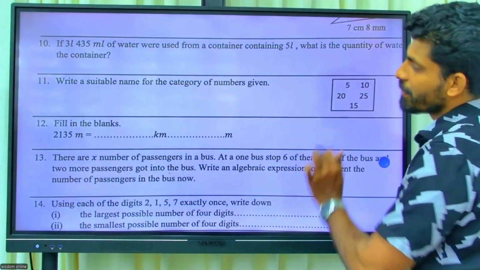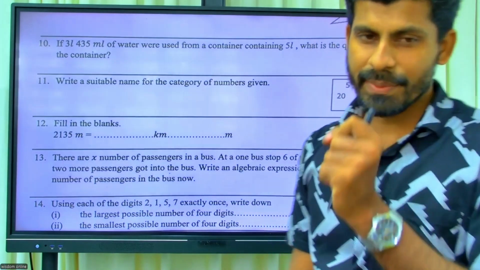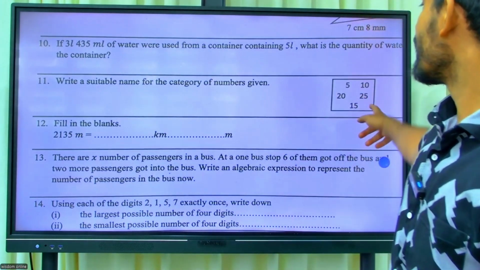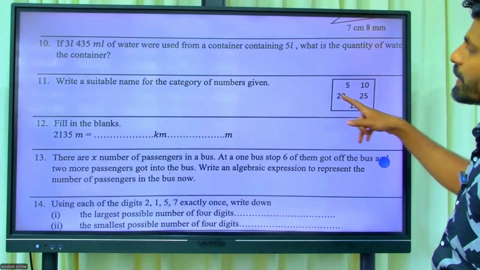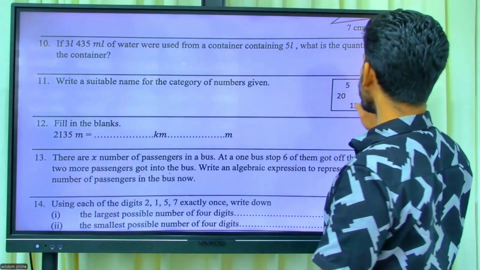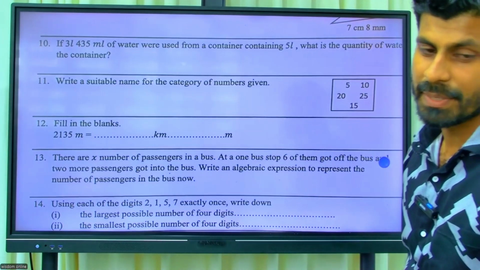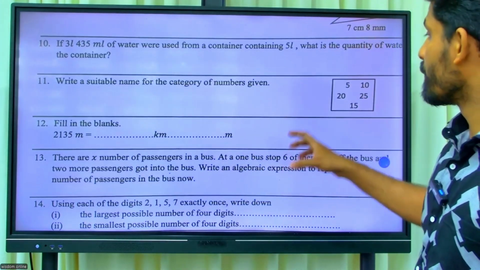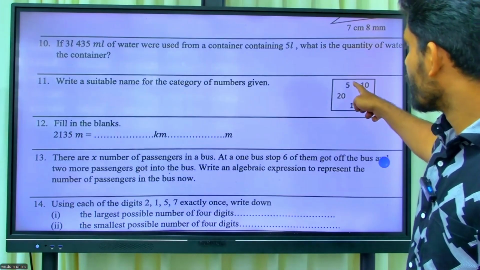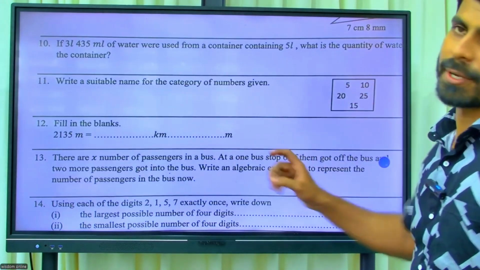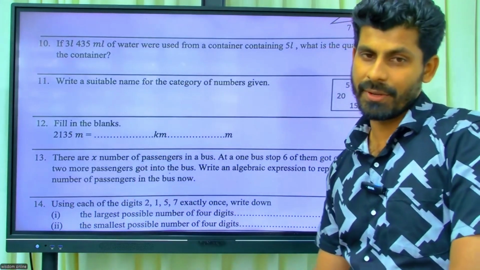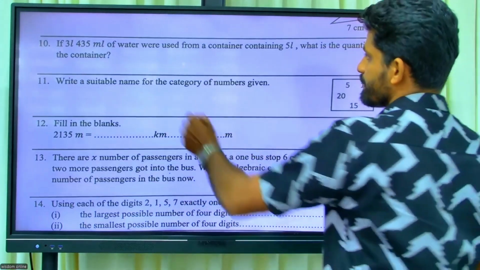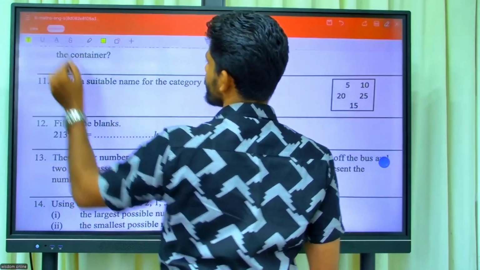We can also say multiples of 5 between 0 and 30, or multiples of 5 from 5 to 25. Multiples of 5.